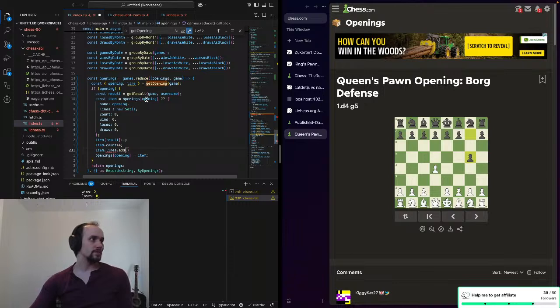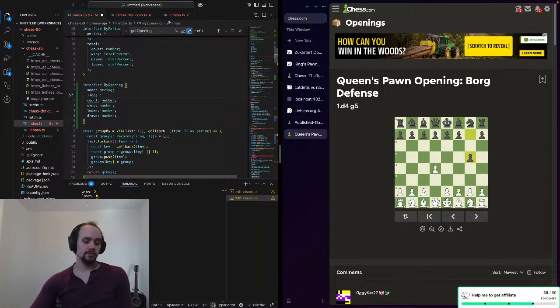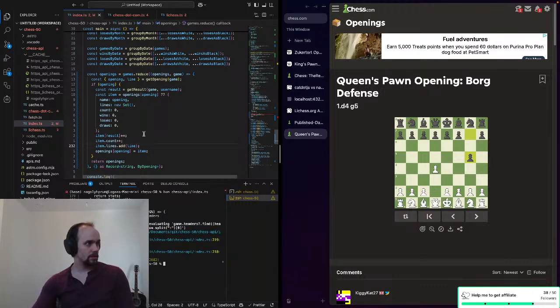The problem is that by opening it needs to have lines, which is a set of string. Here we add the line, right? So now we can see the different lines, hopefully.